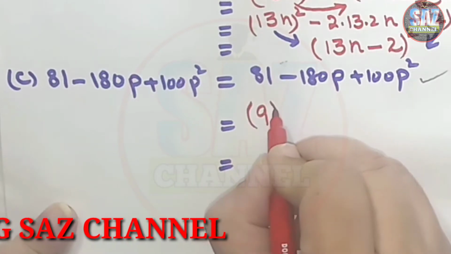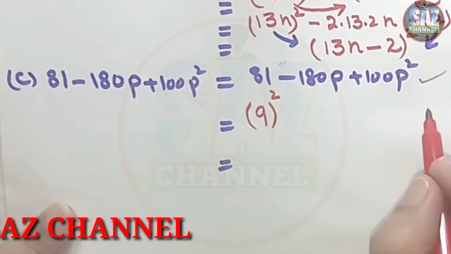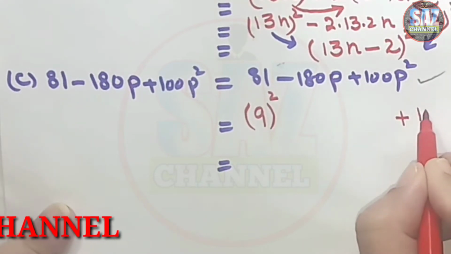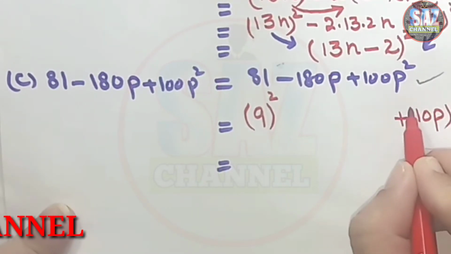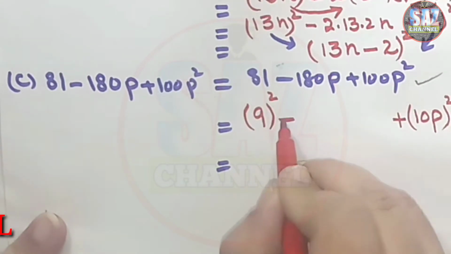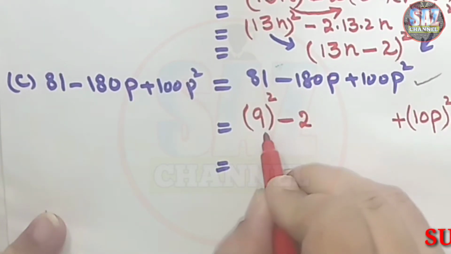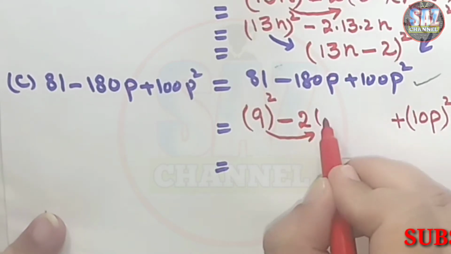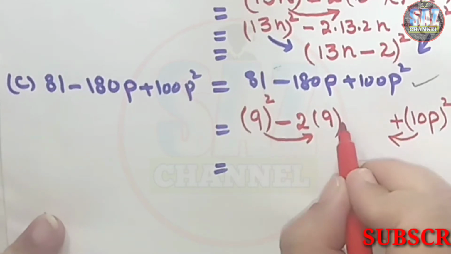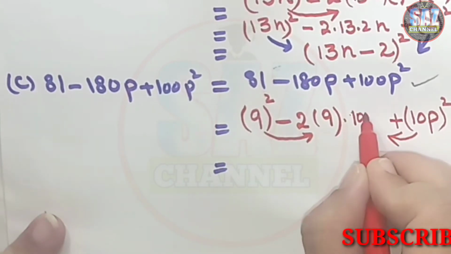So I have to write it in the form of 9 whole square. Coming to the last part, it can be written as 10p whole square, and at the middle place I have to write 2, and a from the first part, that is 9, and b from the second part, that is 10p.